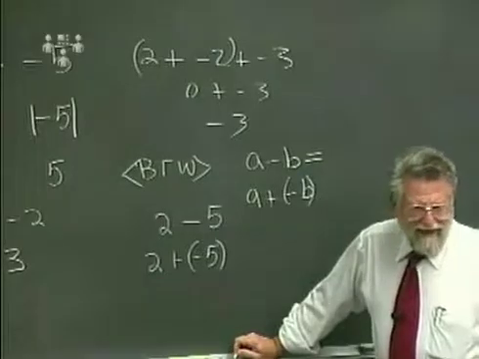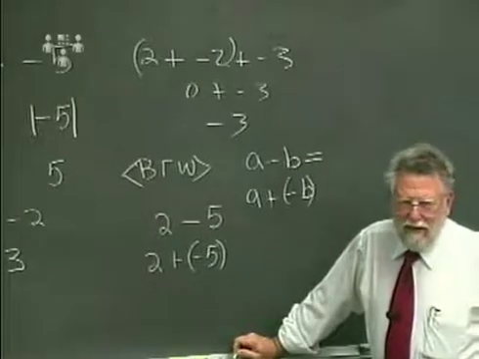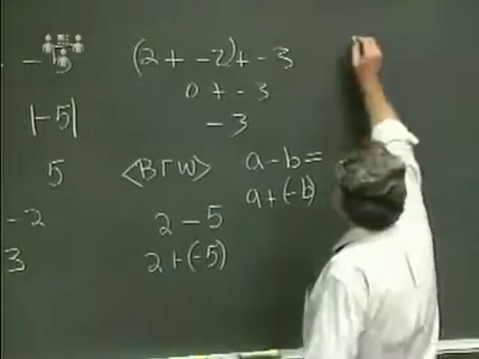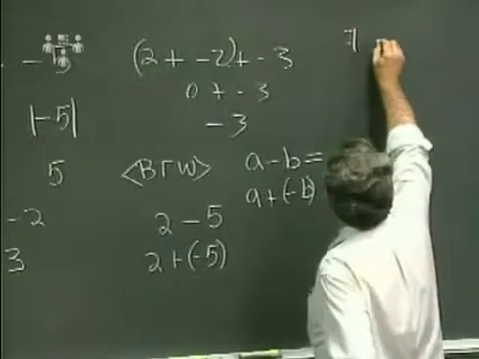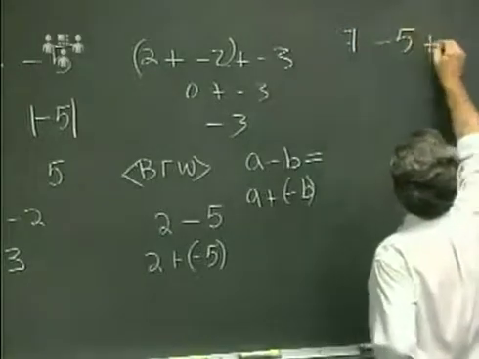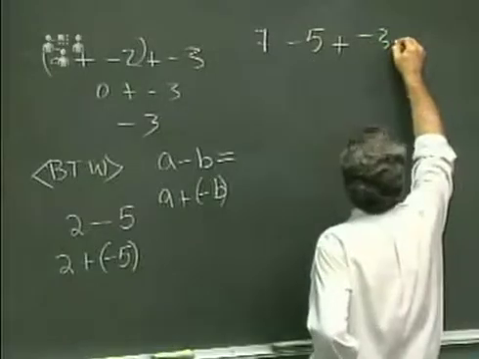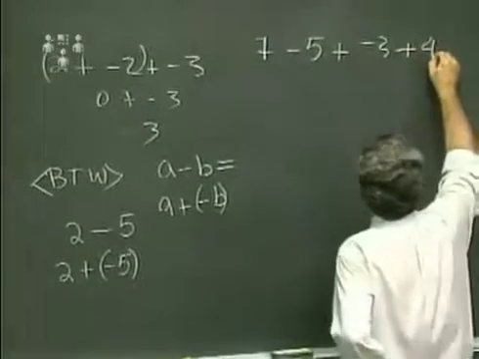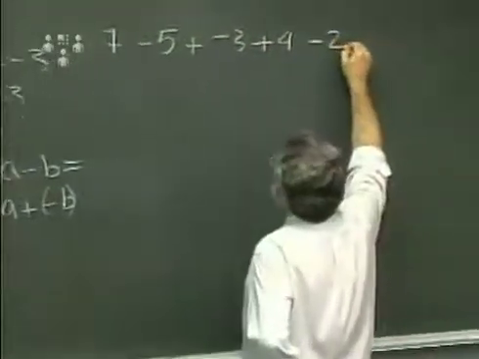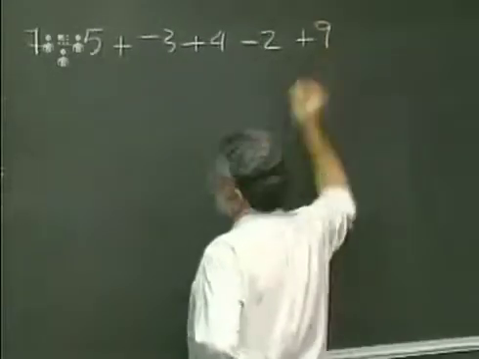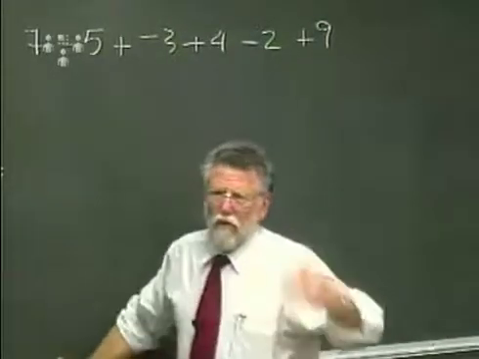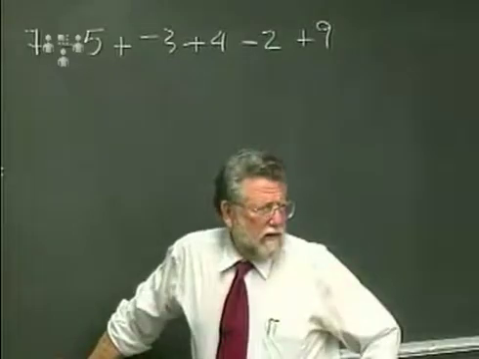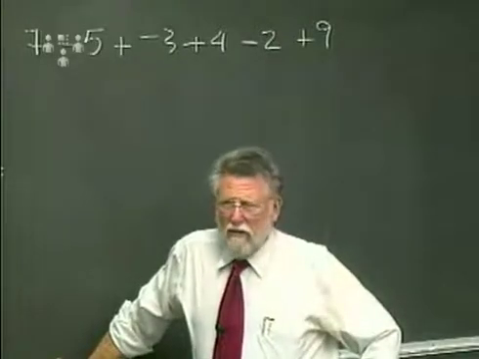So question. I give you a messy problem. Let's see. 7 minus 5 plus negative 3 plus 4 minus 2 plus 9. Now, I can just keep throwing digits up there forever. What's the best approach?